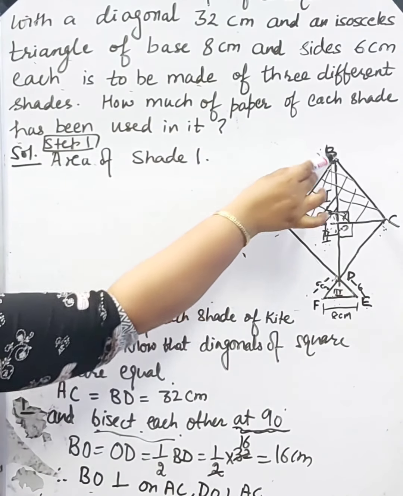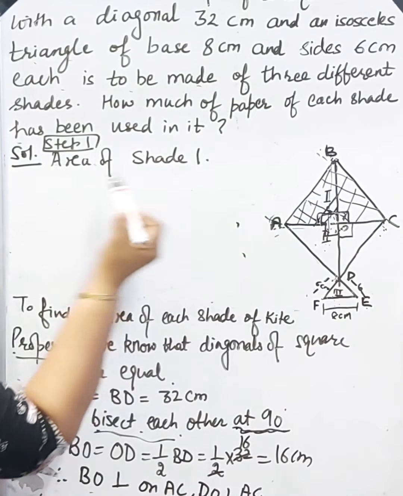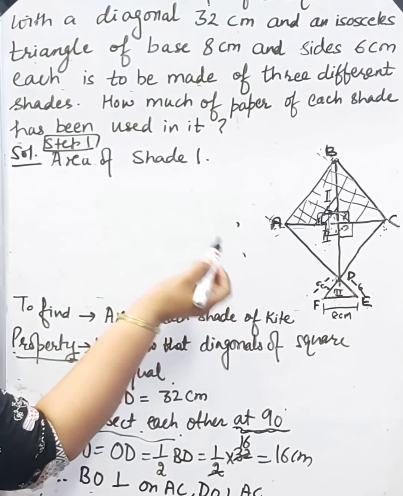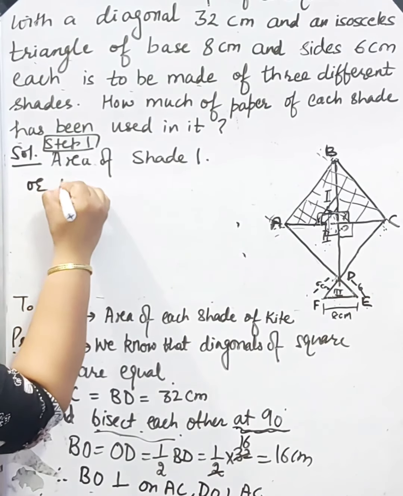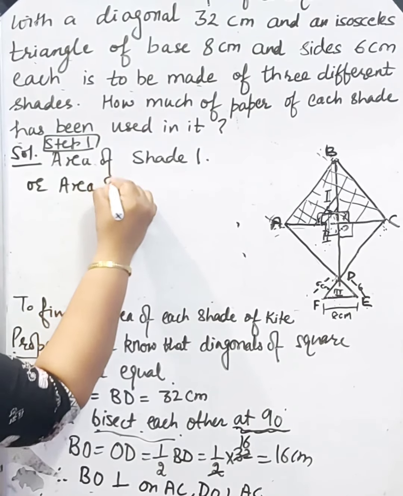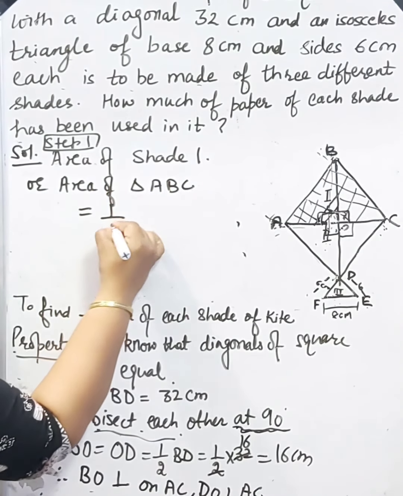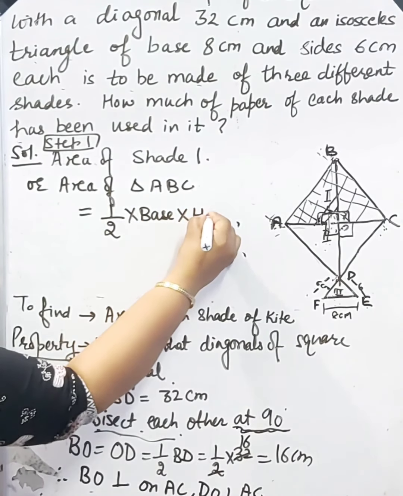And we know that for a triangle in which height is given, area of the triangle is equal to half into base into height. Area of shade 1, or area of triangle ABC, equal to half into base into height.